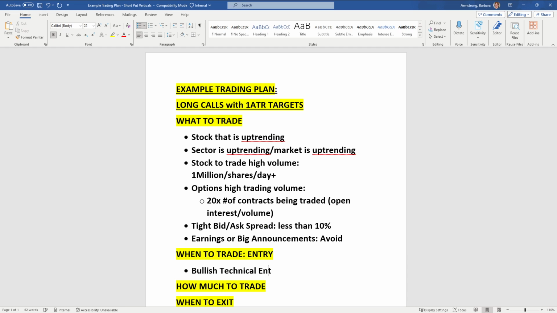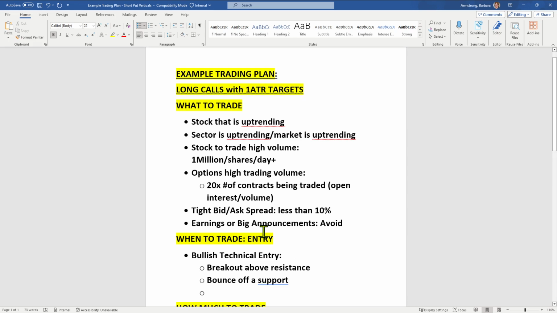So a bullish technical entry could include, and this isn't all of them, a breakout above resistance. It could be a bounce off a support level. It could be a bull flag entry with what they call a hold, or close above the high of the low day.